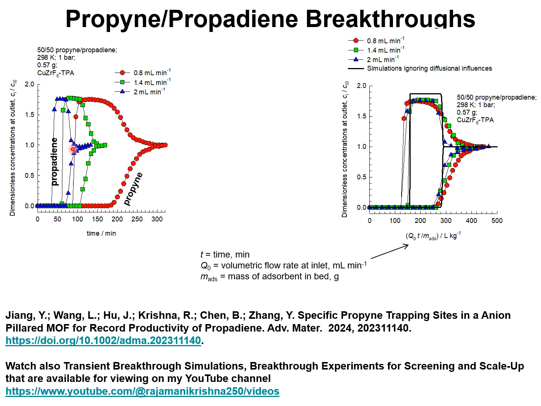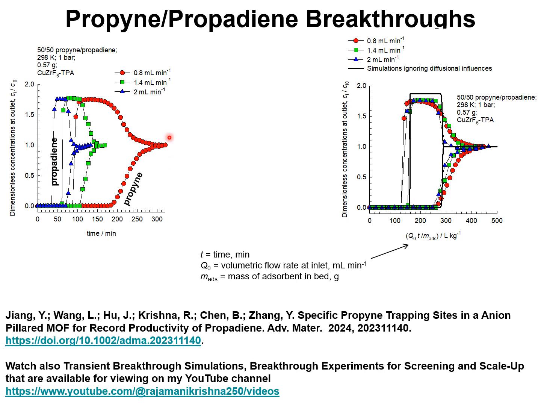As should be expected, the experiment with the lowest volumetric flow rate at the inlet breaks through last, and the experiment with the highest volumetric flow rate at the inlet of 2 milliliters per minute breaks through earliest.